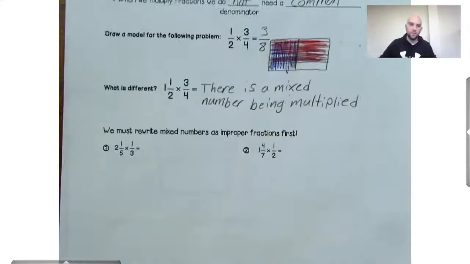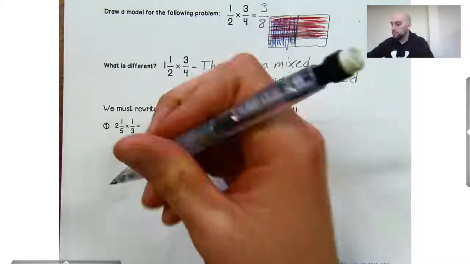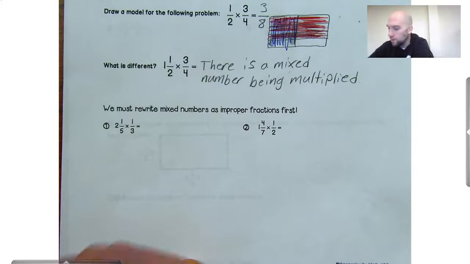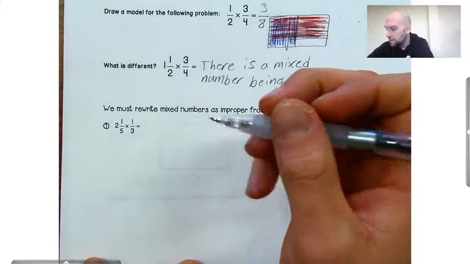Okay, so let's get started on the problem set here. It says we must rewrite mixed numbers as improper fractions first. So we went over how to turn a mixed number into an improper fraction. So this first one here, we had 2 1/5. The 1/3 we can leave alone. That one's not a mixed number.